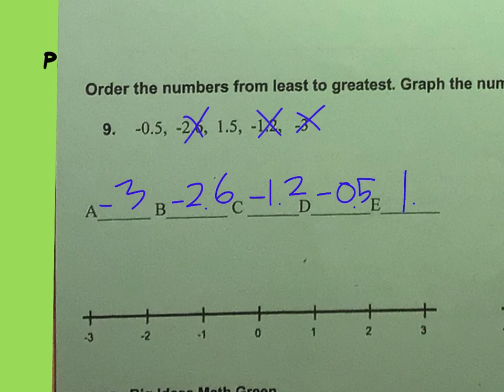And then 1 5/10. So -3 is where A is going to be. B is at -2 6/10, so B is right here. C is at -1 2/10, so barely past the -1. D is at -1/2. And then E is at 1.5.